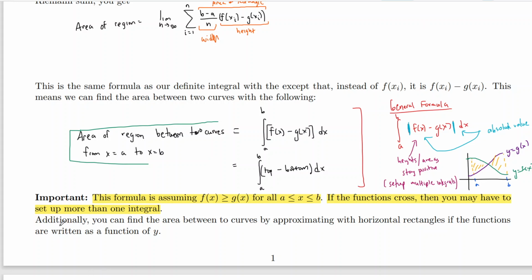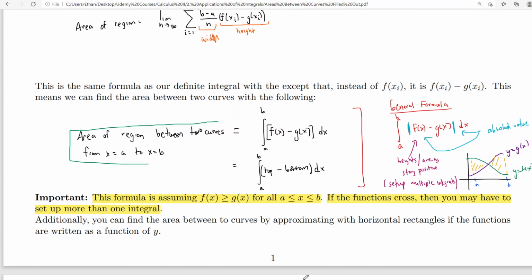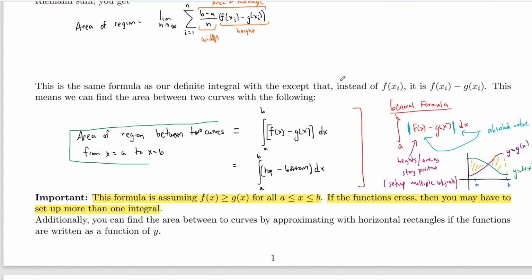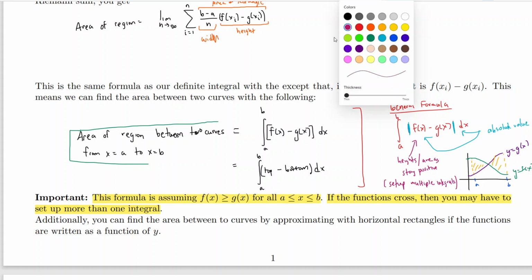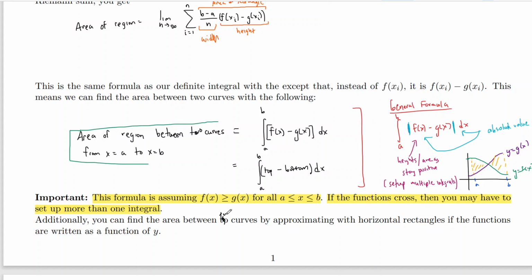Another thing we'll also see very quickly is you can find the area between two curves. I had another typo, the same exact typo as before there. You can set up the area between two curves with horizontal rectangles if the functions are written as a function of y.